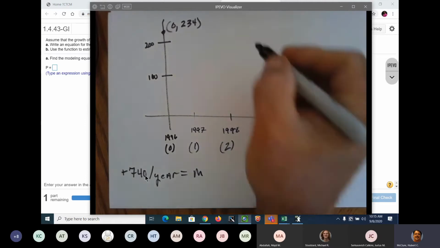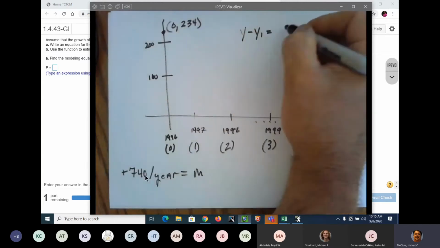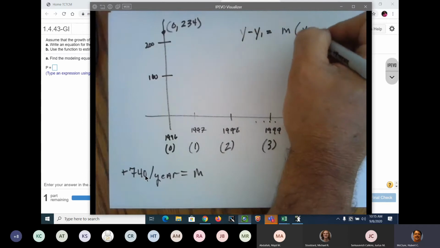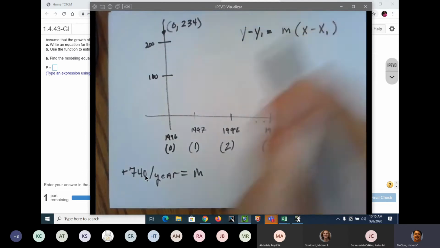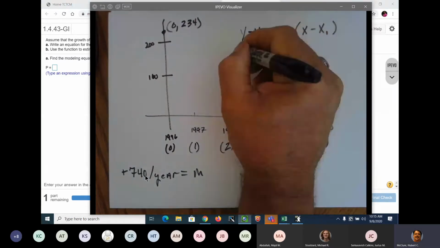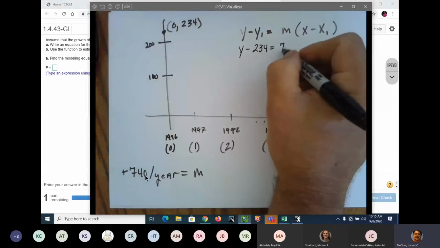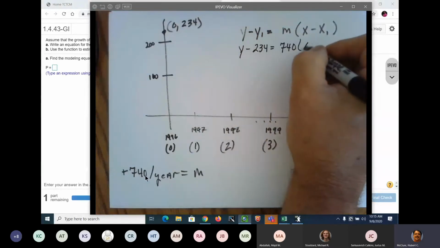Well, that's going to be y minus y sub 1 is equal to m times x minus x sub 1. Y minus 234 is equal to 740 times x minus 0.